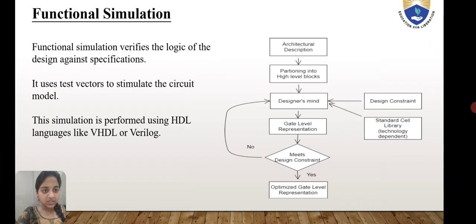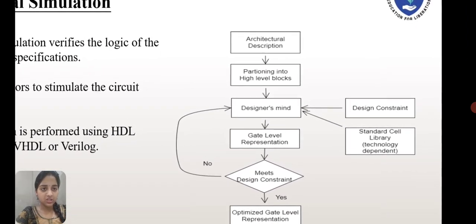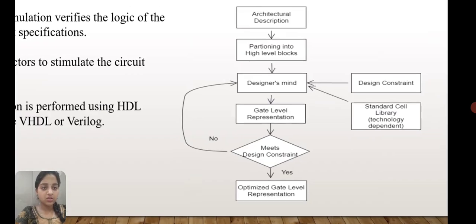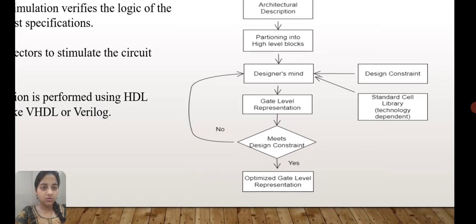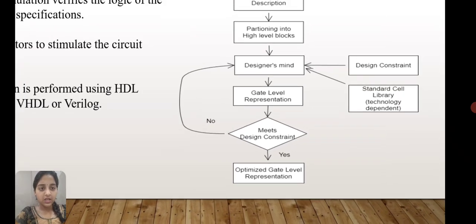So here we can see the flowchart of it. Architectural description. Coming down, we can see the partitioning into the high level blocks. Here we can see down the designer's mind to the gate level representation. For the designer's mind, we get two inputs, the design constraint and the standard cell library, so that it will give the representation at the gate level.